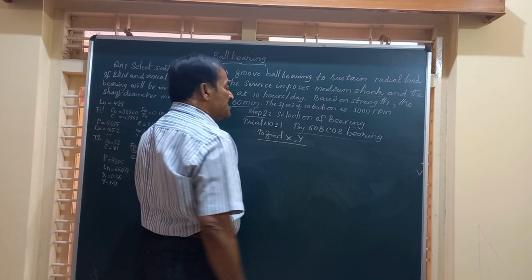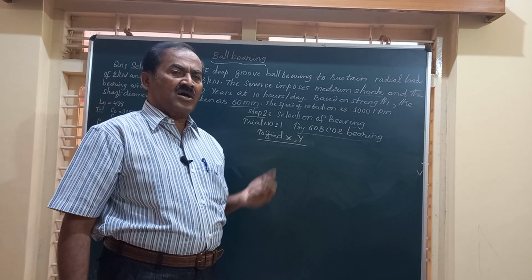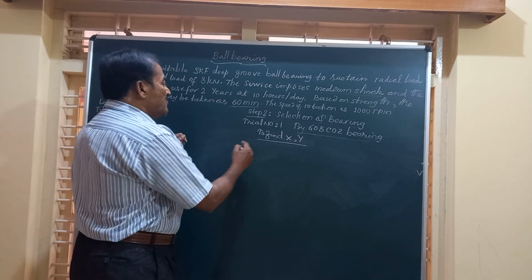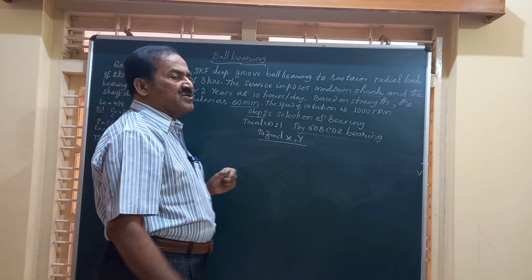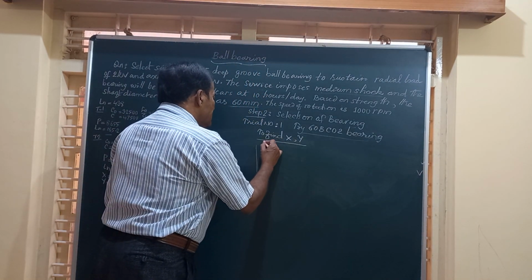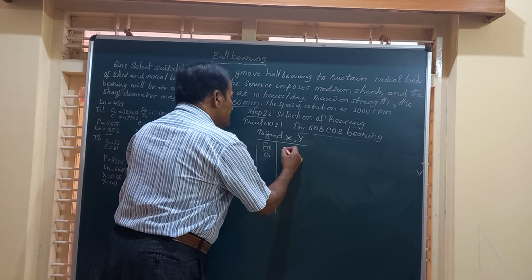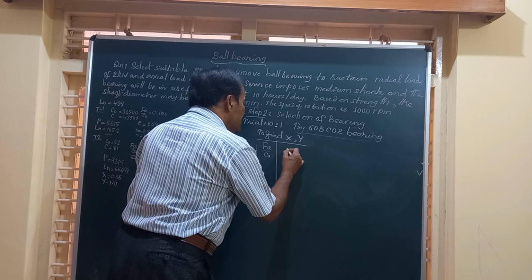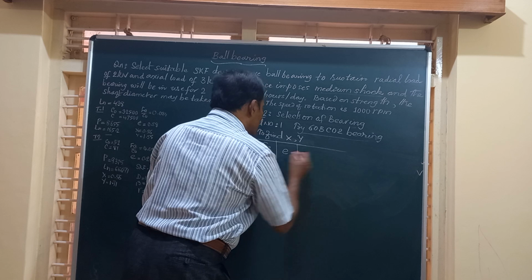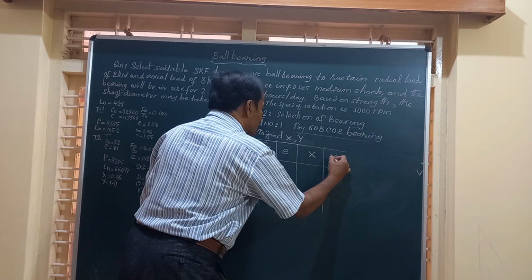Friends, these constants or factors X and Y depend on the FA over C0 ratio. In the table, if you refer to the data handbook, there is a column that says FA over C0, and then it compares with E. Then there are terms like whether FA over FR is greater than E, and the values of X and Y are available from there.